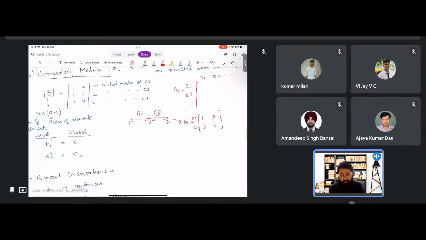Suppose we have two elements, but we use quadratic elements. This is element one, this is element two.